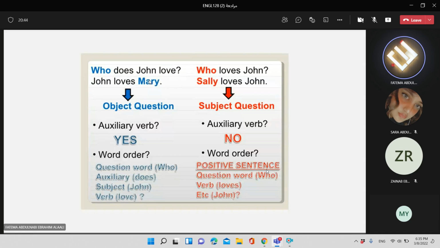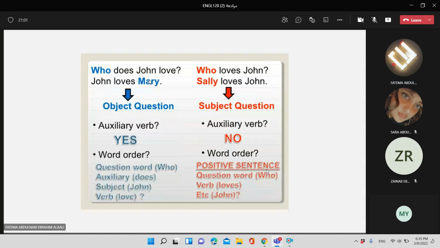If it's in the past simple, we use did. Okay? The third thing, if the verb is in the present simple and we use does, we remove s from the verb.